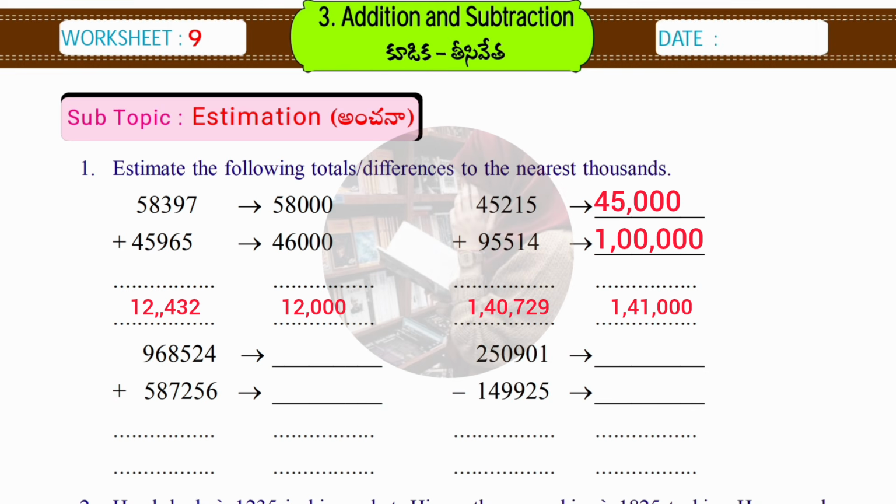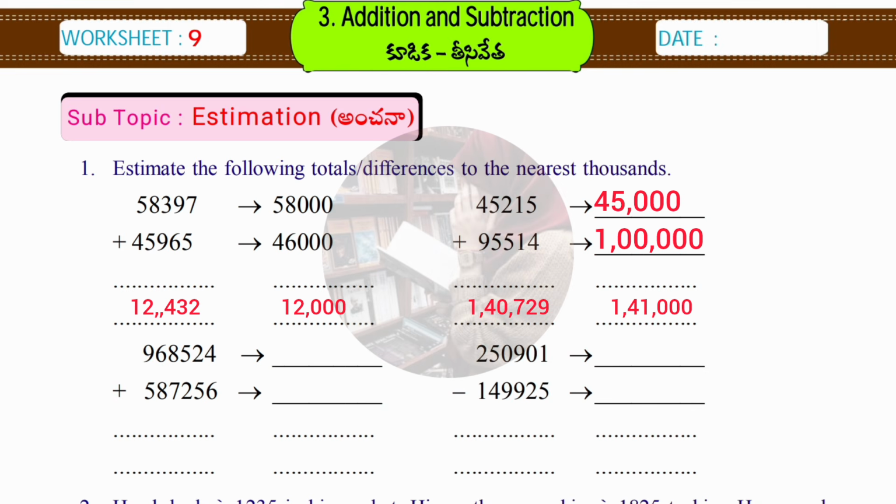The next number is 95,514, so it will be taken as nearest to 1 lakh. And the total we got is 1,40,729, which we can write as 1,41,000. Understood guys?